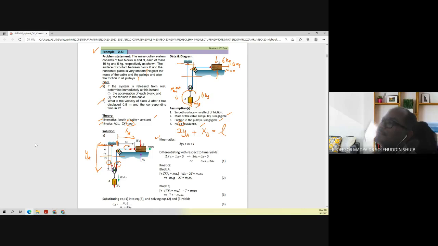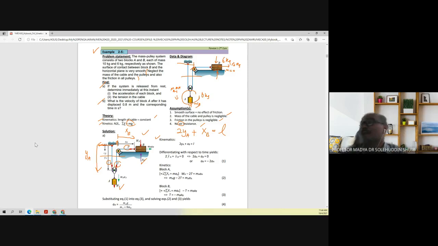We have a body weight, we have the normal, and then the tension of the string, and then the mass times acceleration for both.